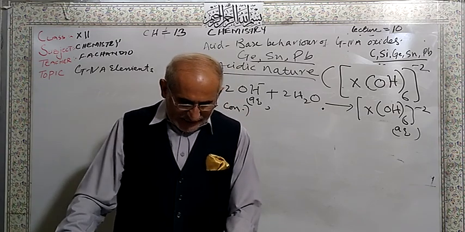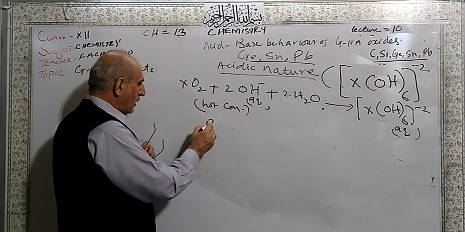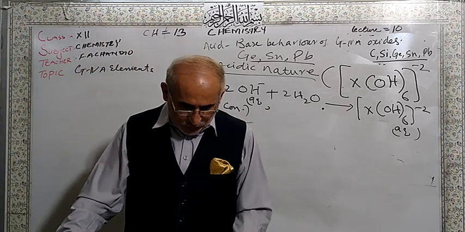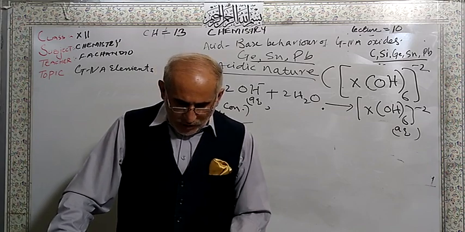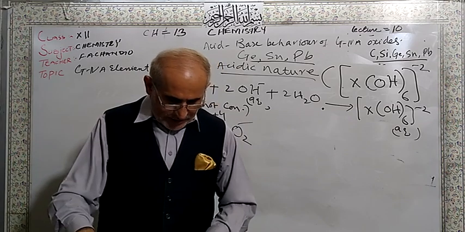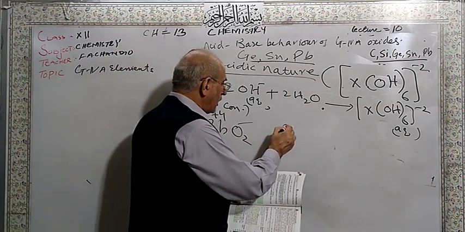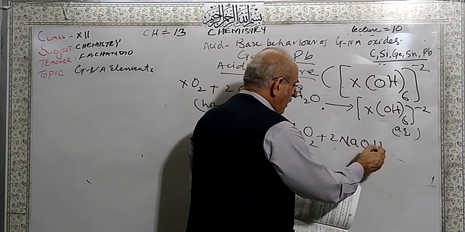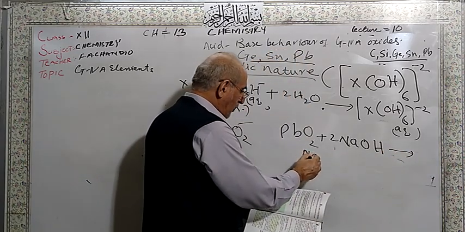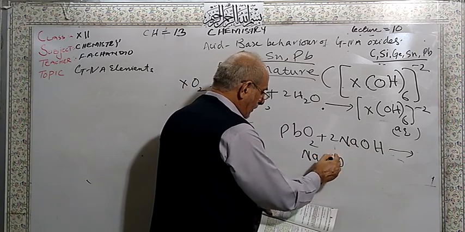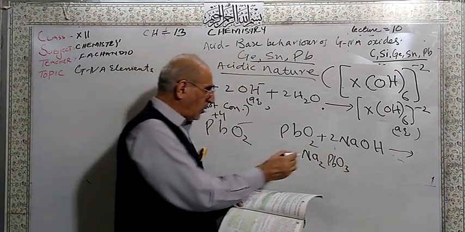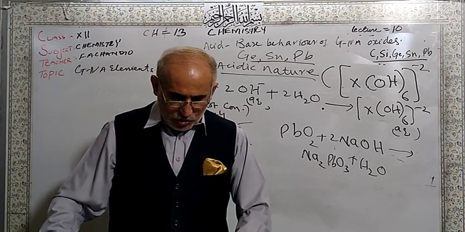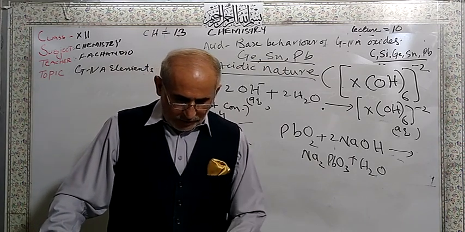Some sources suggest that lead 4 oxide needs molten sodium hydroxide. In that case the equation is different. Some sources suggest that if you react sodium hydroxide with lead 4 oxide, you will get sodium plumbate with water. Only some sources say sodium plumbate is formed here.